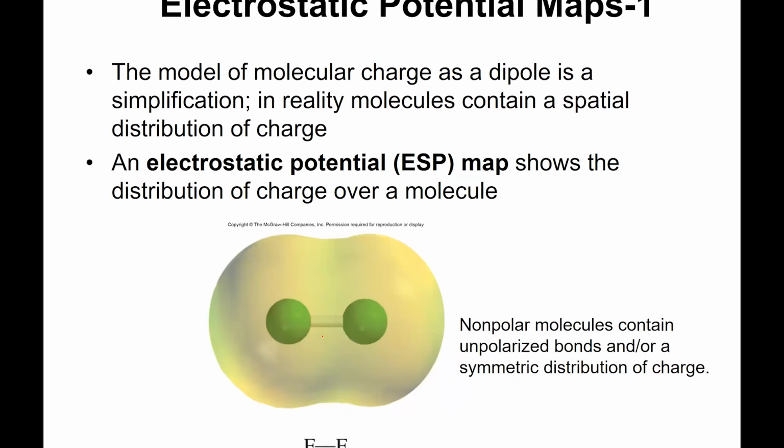Here's another example. This is our F2 molecule. Now we talked about how polarity is caused when you have electronegativity that is different between the two bonded elements. In this case, we have fluorine bonded to fluorine. So even though fluorine is very, very electronegative, when it's bonded to another fluorine, they equally pull on each other.